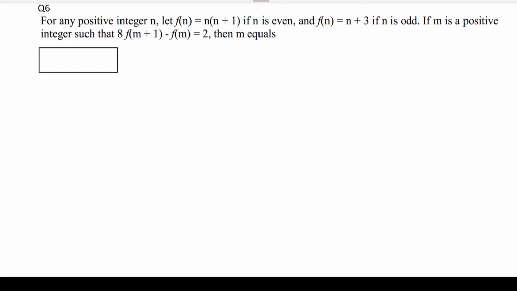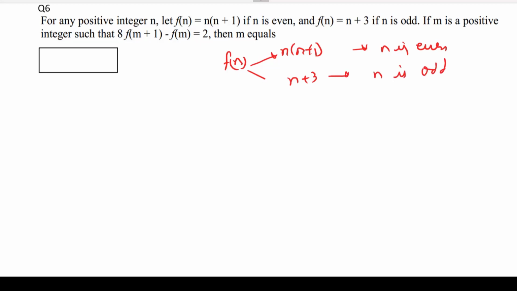Question 6. For any positive integer n, let f(n) equal n into (n plus 1) if n is even, whereas f(n) equals n plus 3 if n is odd. So now we need to find the value of m if 8 into f(m plus 1) minus f(m) equals 2.